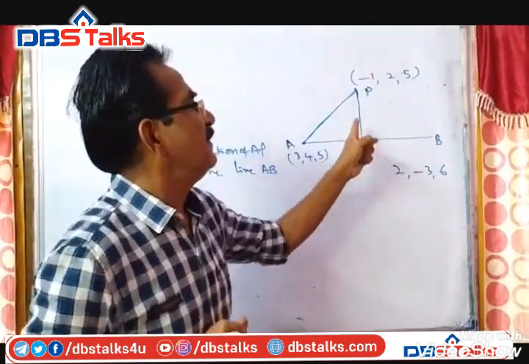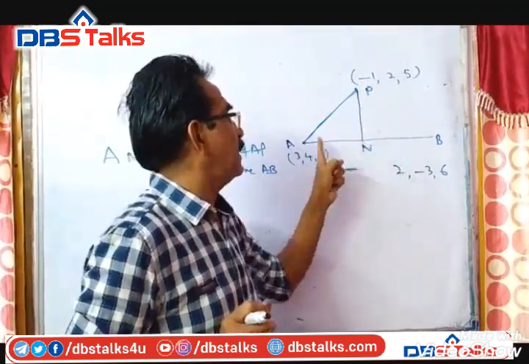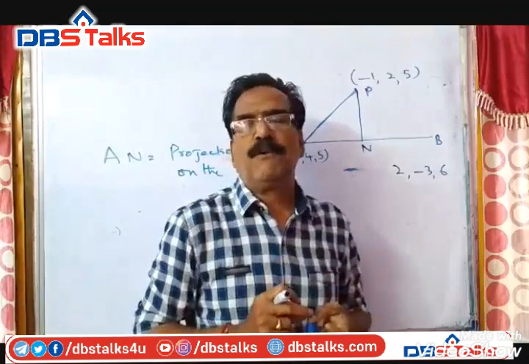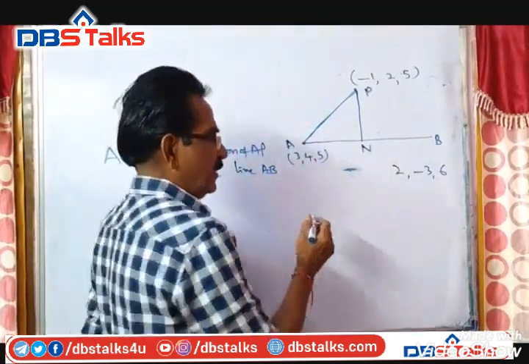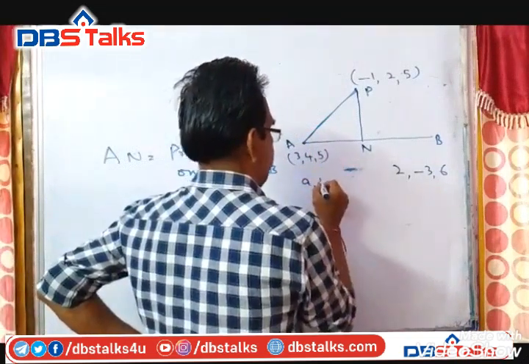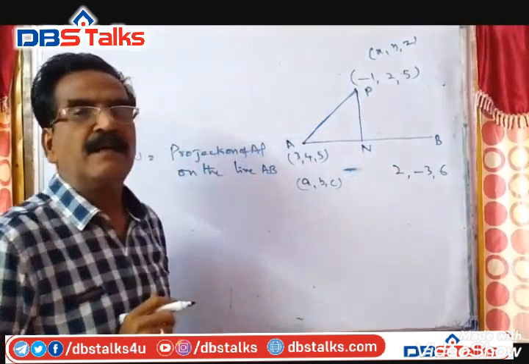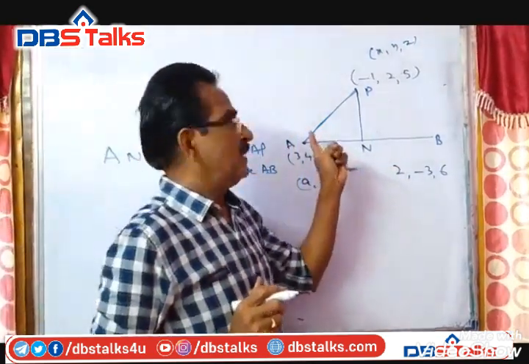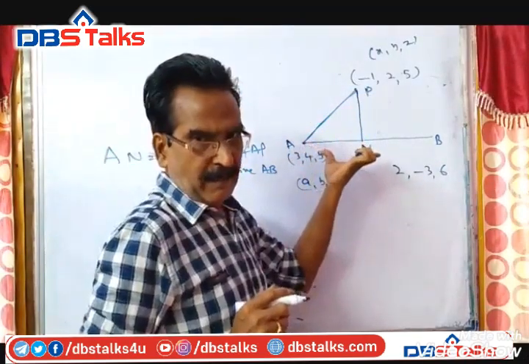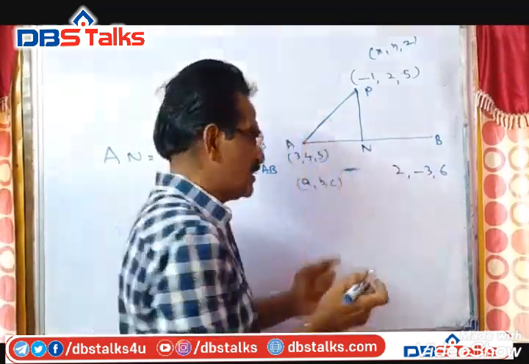So friends, if PN is perpendicular, now we can find the length of AN. We know one formula. Say this is small a, b, c and this is small x, y, z, and we need the projection of AP on the line whose direction cosines are l, m, n.